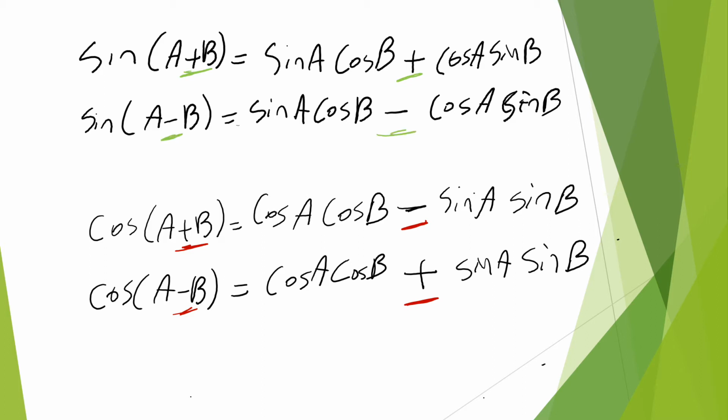Now you don't have to memorize this, it's all on your formula sheets, but you need to know how to use them, where to use them, and why you need to use them. The other compound angle identities are for tan. Remember we have three trig ratios.